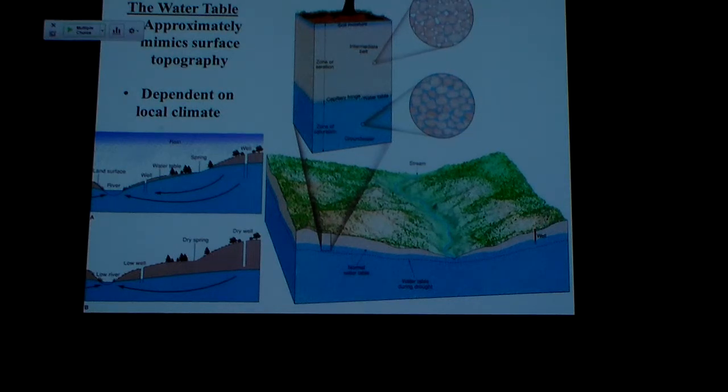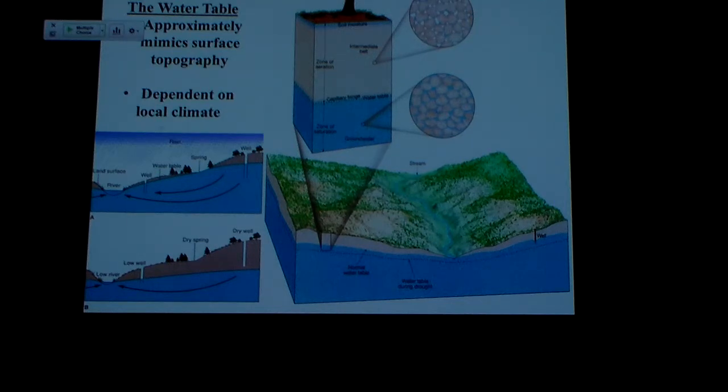So why do you get this little bit of a transition zone? It's what we call the capillary fringe. One of the properties of water is capillarity. Because there's a little surface tension associated with water, it can work its way up between the grains where there are little openings along the permeability.